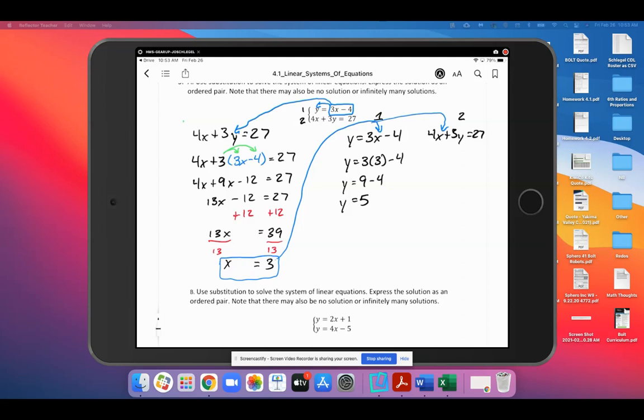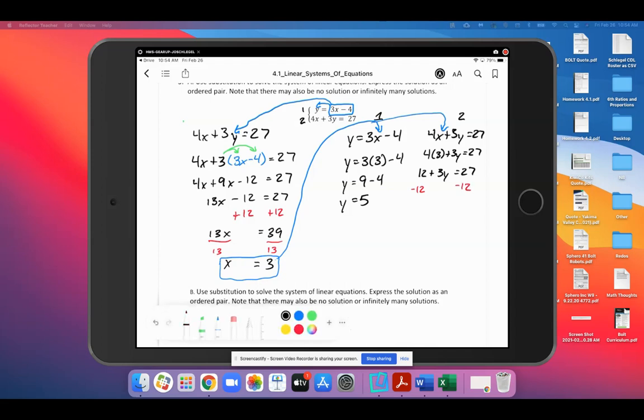Okay, and if I've done everything correctly, with equation 2, I should get the same result. So let's try it. 4 times 3 plus 3y equals 27. I would have 12 plus 3y equals 27. I would need to subtract 12 from both sides.